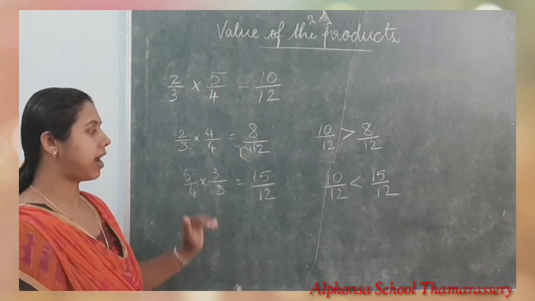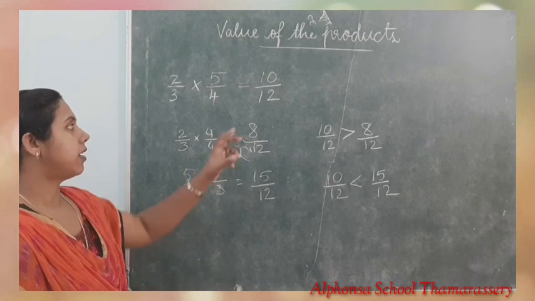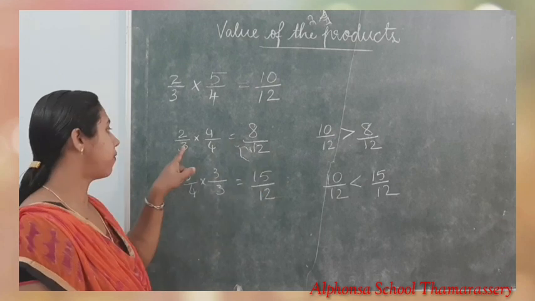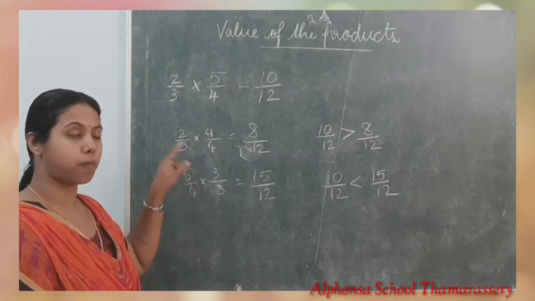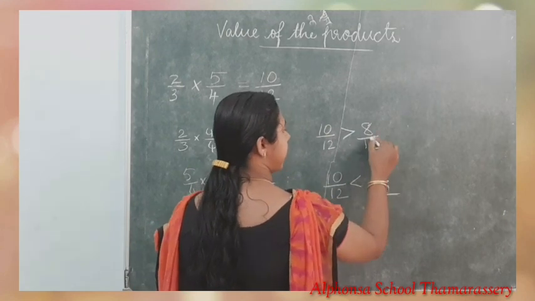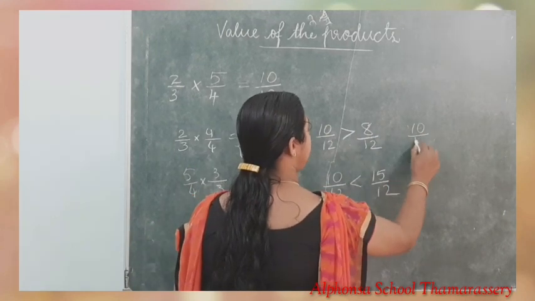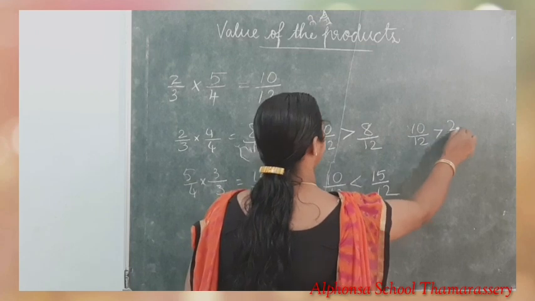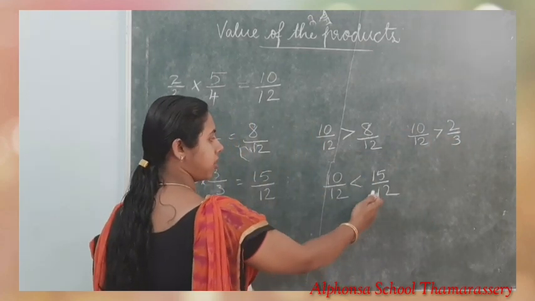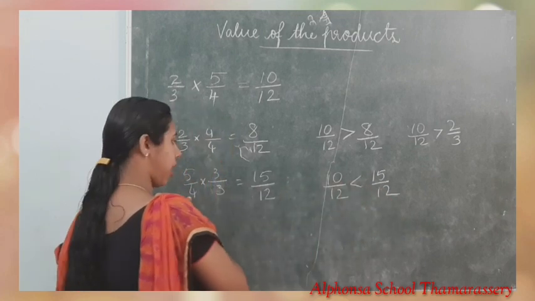When you compare the fractions, we see that the product is greater than one of the fractions, that is the proper fraction. 8 by 12 means the fraction is 2 by 3. 10 by 12 is greater than 2 by 3. 10 by 12 is less than 15 by 12. 15 by 12, the equivalent fraction, is 5 by 4.